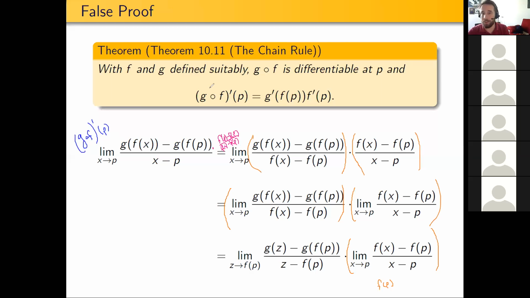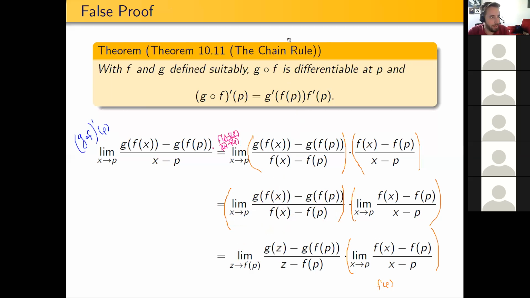And for the piece on the right, I might be able to rewrite this so that it's not x going to p, but it's some quantity going to f of p, right? So notice what we do here on the left.